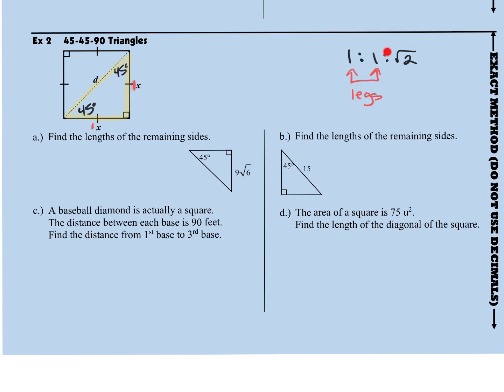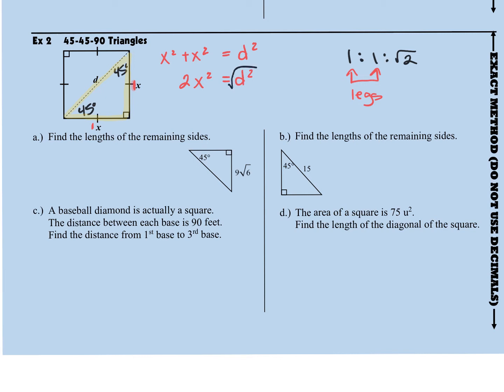So what we want to understand is, where does this radical 2 come from? So just like before, we're going to look at our triangle and we're going to jump into our Pythagorean theorem. We're going to solve for the d here. So we're going to have an x squared plus an x squared equals our d squared. That of course is going to give us 2x squared equals d squared.